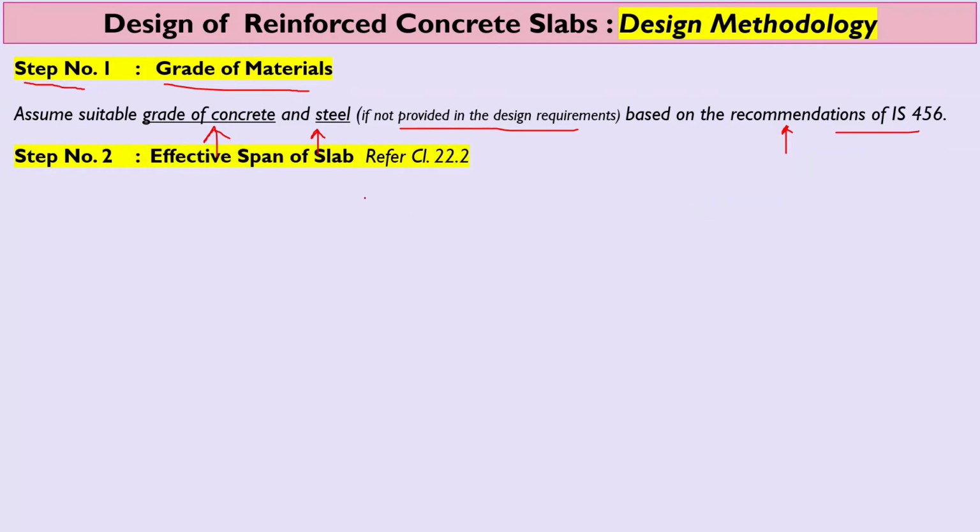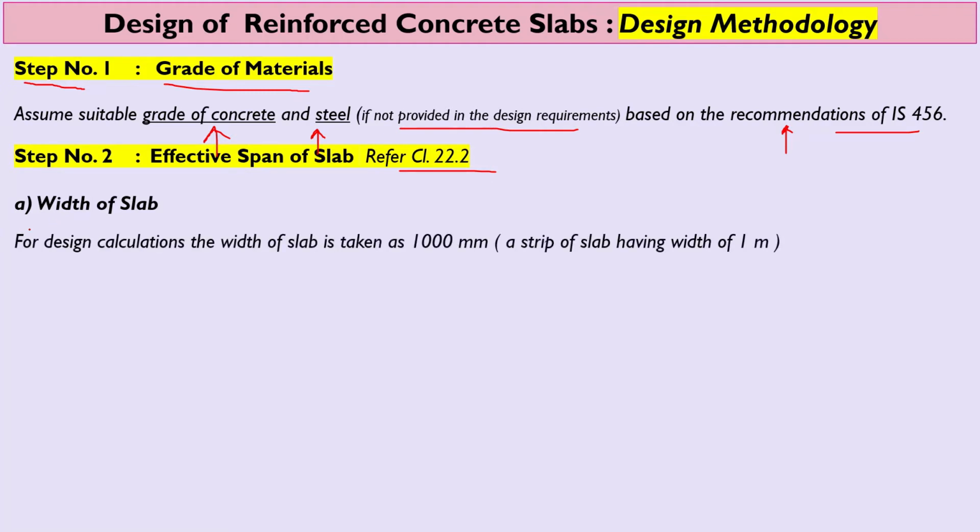Now in step number 2, we have to evaluate what should be the effective span of the slab. Here you can refer to clause number 22.2, the same clause which we referred to in the design of beam. First of all, let us discuss how to take the width of the slab.